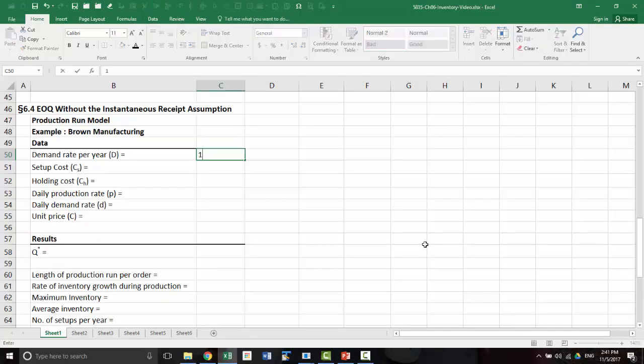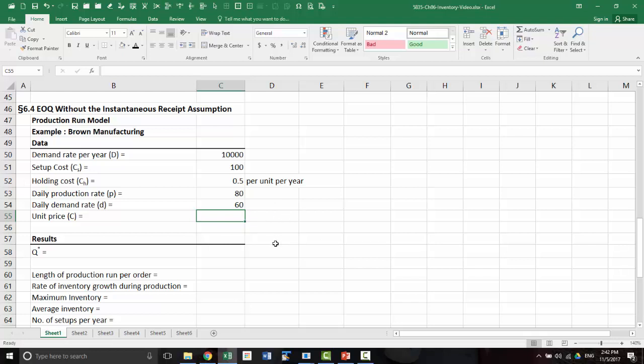Okay, so demand is 10,000, cost of setup is 100, holding cost is 50 cents per unit per year, production rate is 80 and demand rate is 60, and unit cost is irrelevant at this point.